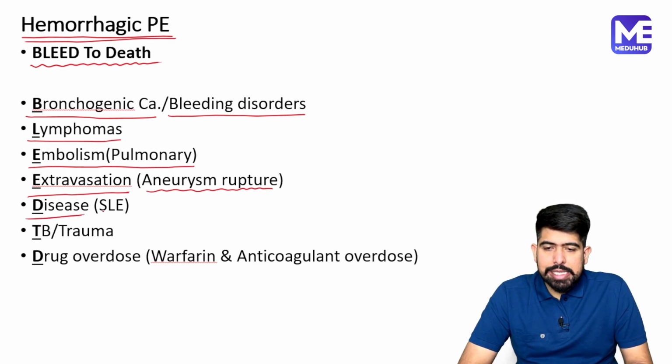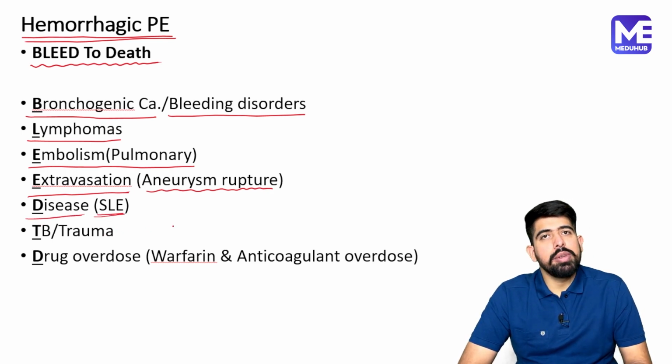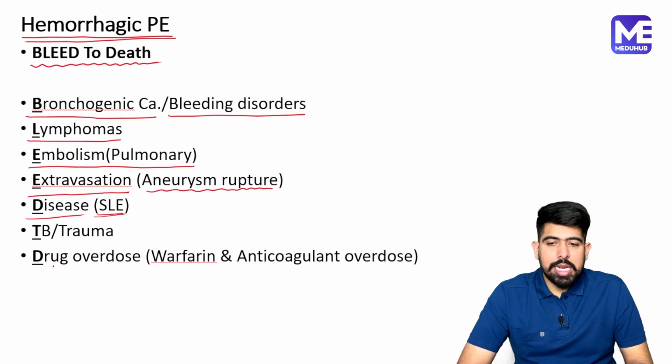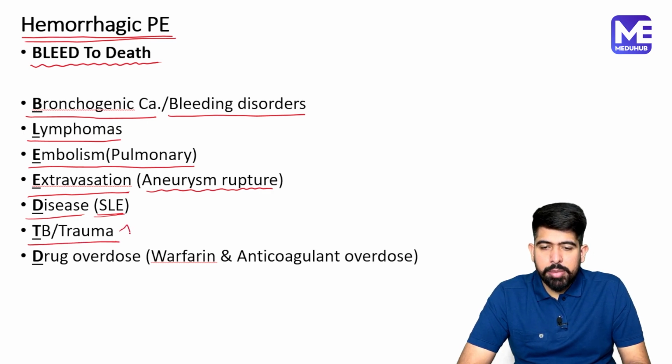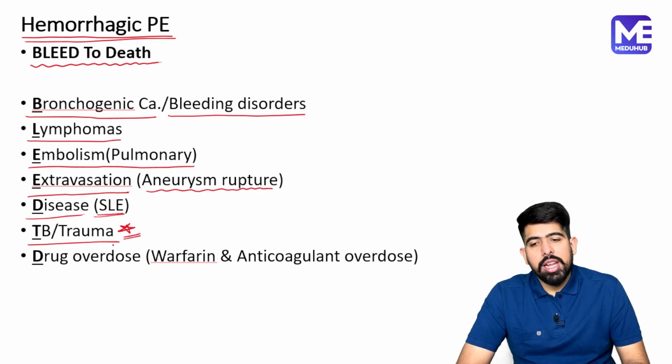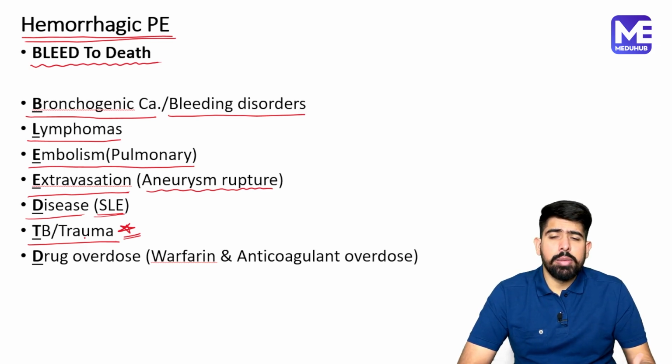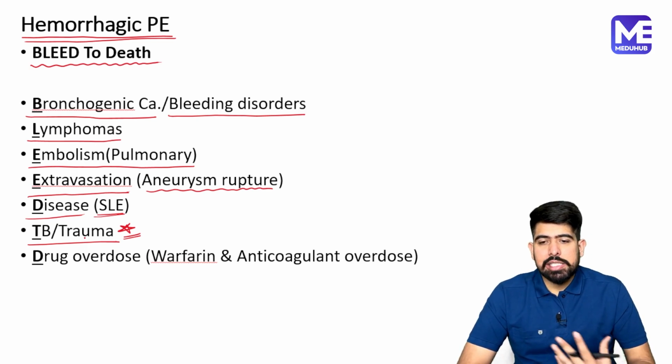Some diseases like SLE, systemic lupus erythematosus, also cause hemorrhagic pleural effusion. TB and trauma. Please remember about the TB. TB is also causing hemorrhagic pleural effusion, and some trauma, maybe due to a road traffic accident, or any kind of accident with chest trauma involving the thoracic cavity.